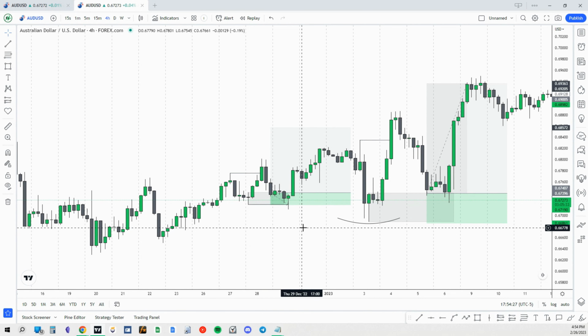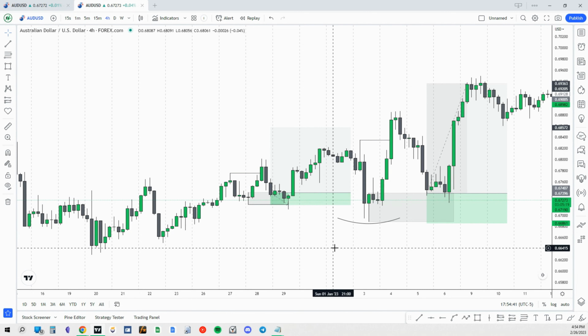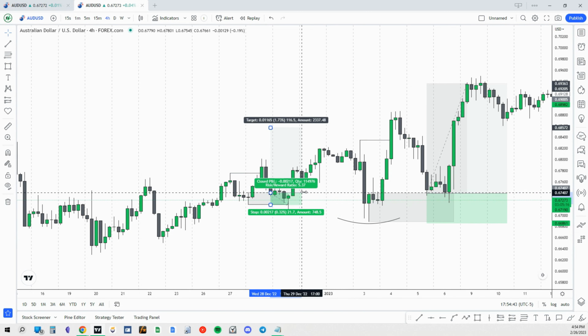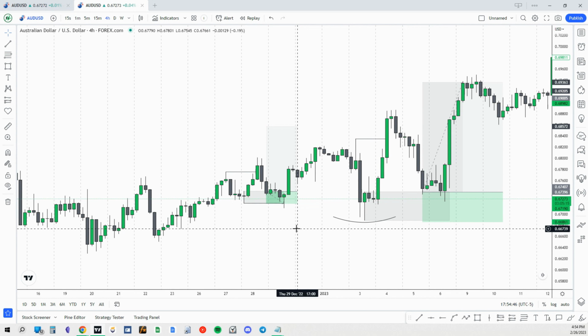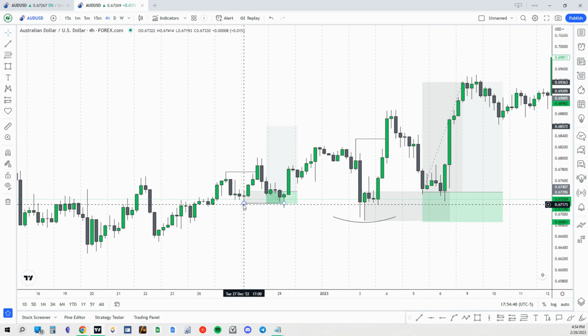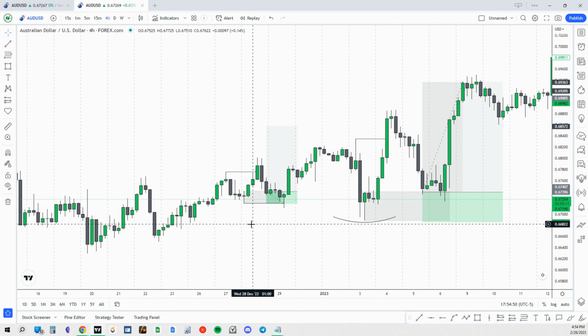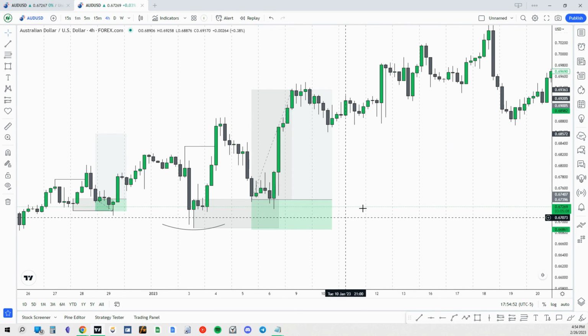Obviously, like I've mentioned and made very clear many times, nothing is 100% in trading, but using the confirmation entries, double confirmation entries, and refinement adds a whole other level of confluence to our trades. And so this has been an example where it does not work. And I'm doing this just to show you that nothing is 100%, nothing's going to work all the time. So now let's go ahead and go on to another example.